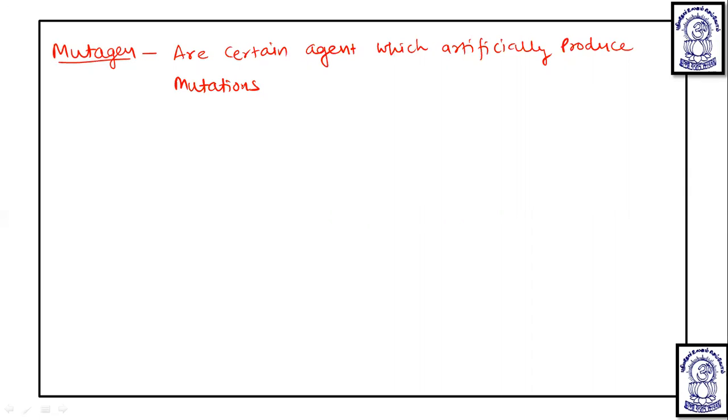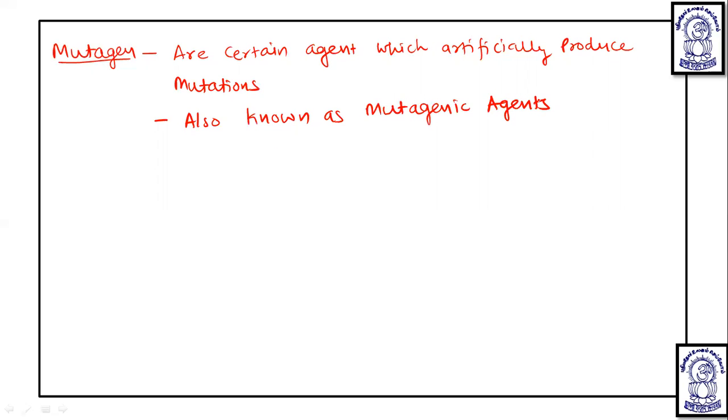So if these are the certain agents which are responsible for causing or producing the mutation, then they are known as mutagens. They are also known as mutagenic agents.